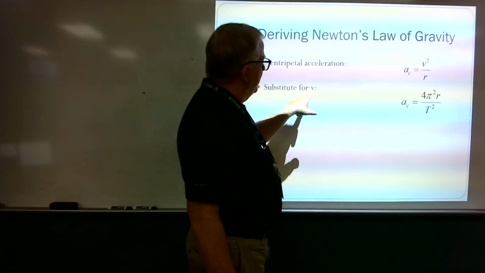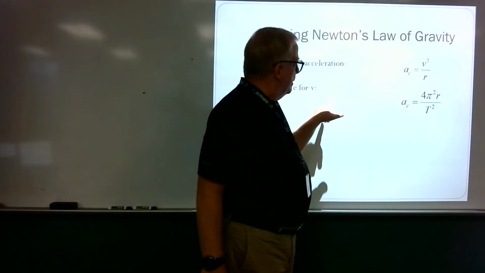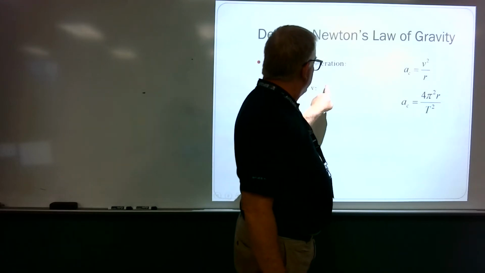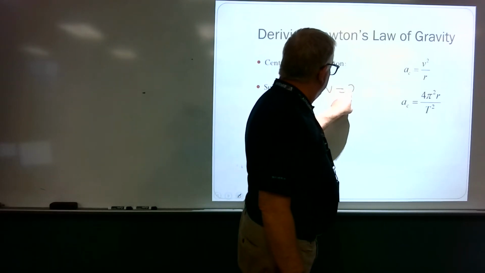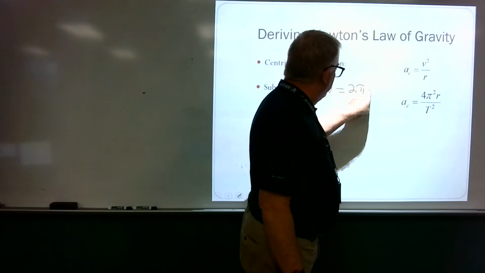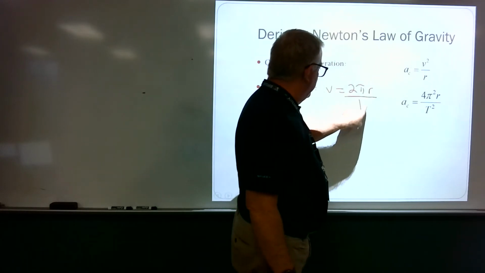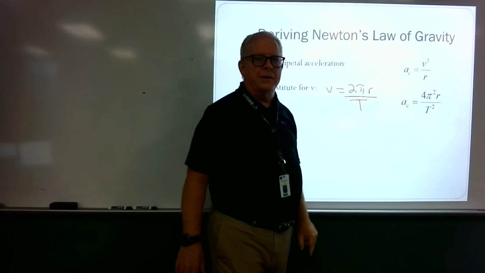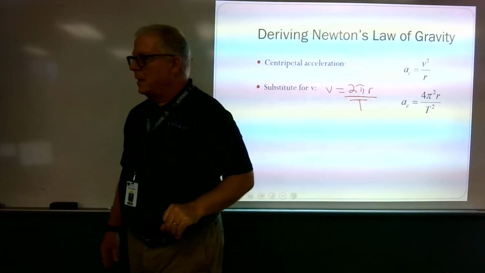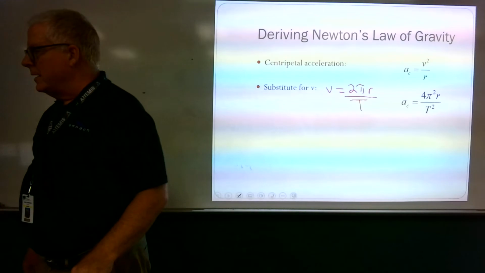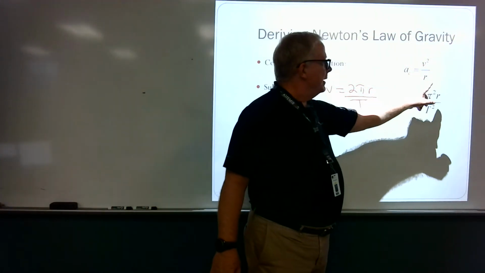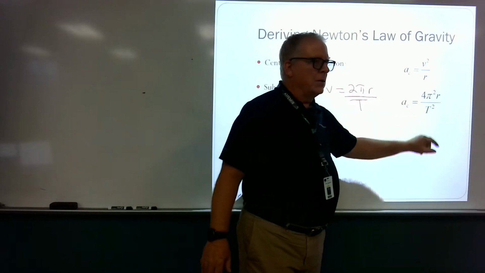So if we substitute for v, v is equal to 2 pi r divided by the period. So this is the radius of a circular orbit, and this is the period, the time it takes to go around once. If we put that in that formula, then we get this over here. The centripetal acceleration must be 4 pi squared times r over T squared.